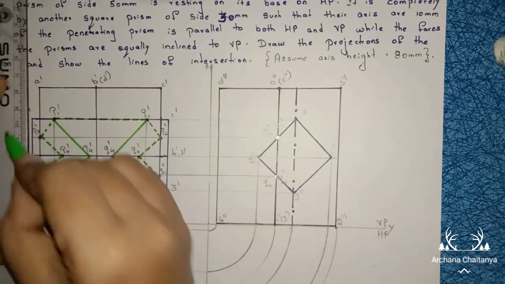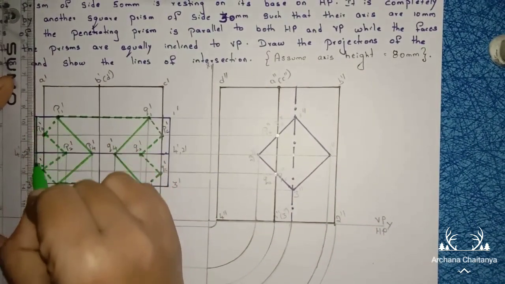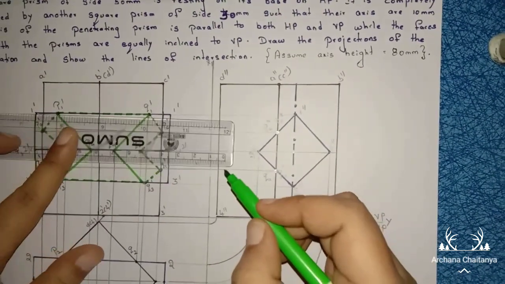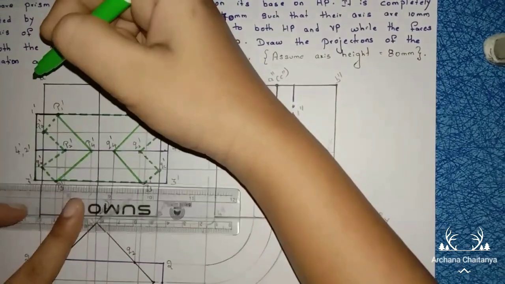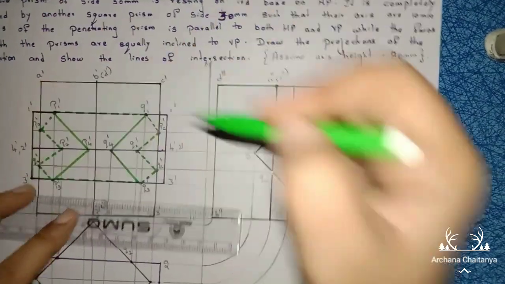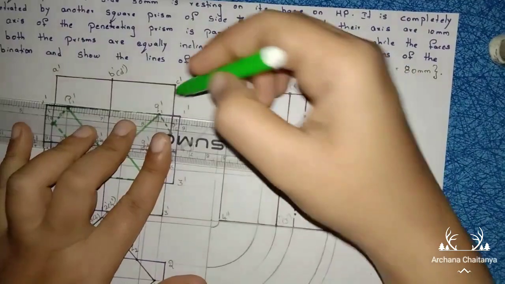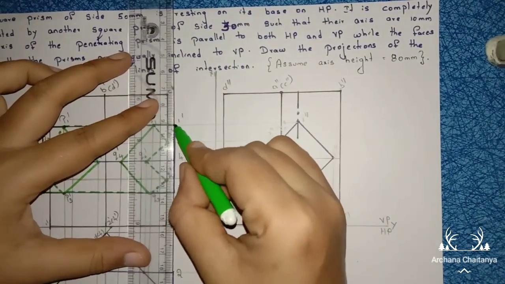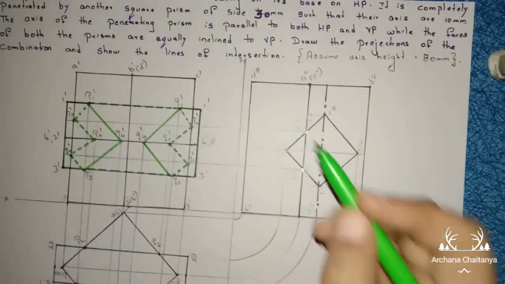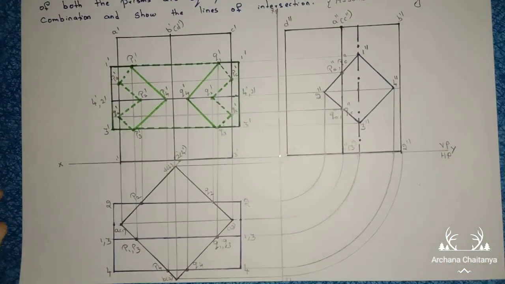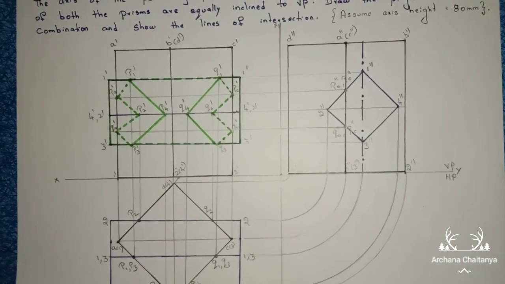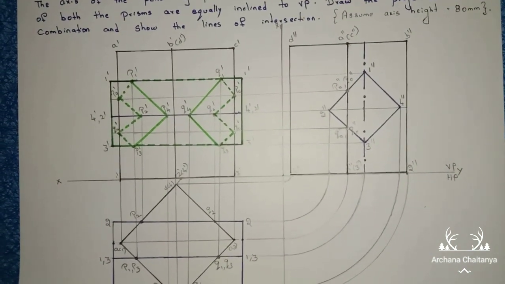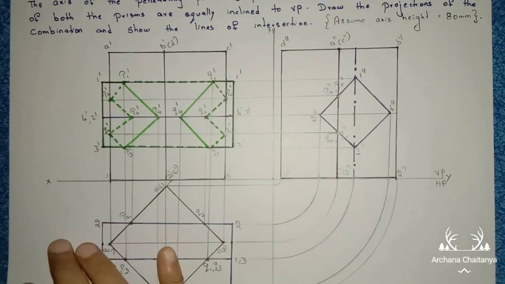Now join this one. Right, this is the square prism intersecting square prism, such that their axes are 10 mm apart.